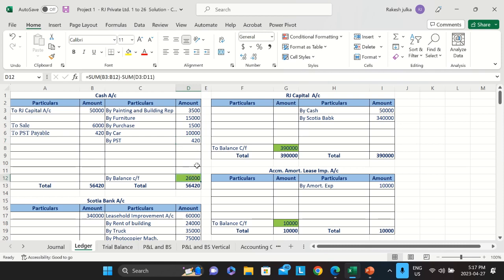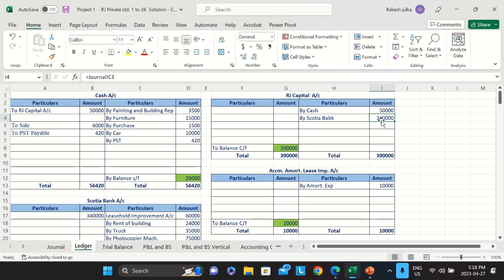So that's why we create all these ledger accounts. And also the RJ capital account: how the capital has increased, why this balance is coming, and how this balance is coming is very important. To know this, we need to create all these T-form accounting ledger accounts. Look at this, the owner of the business has brought $50,000 cash into the business, and the bank balance is $340,000.